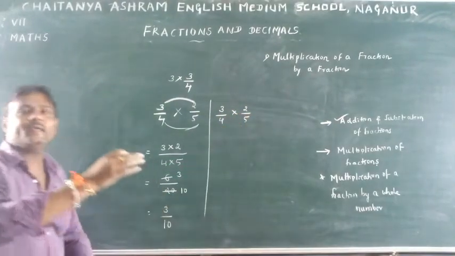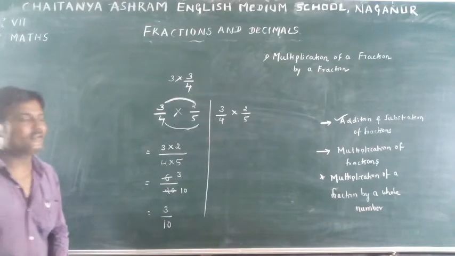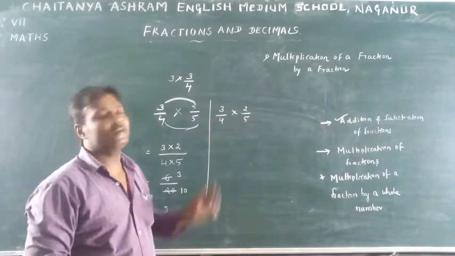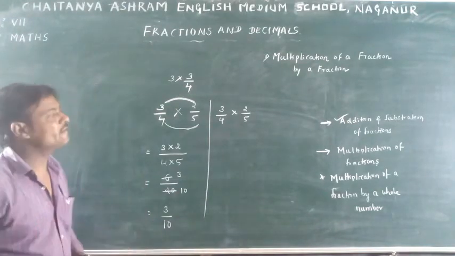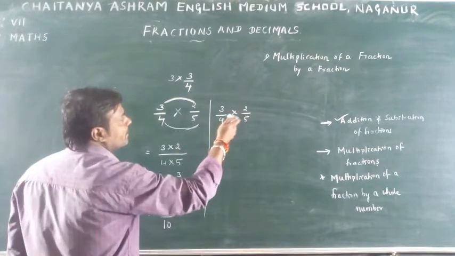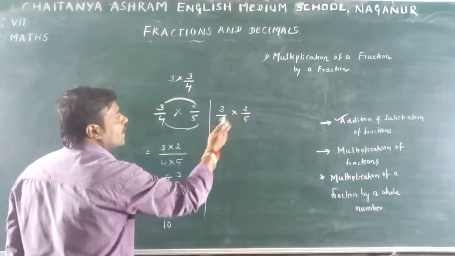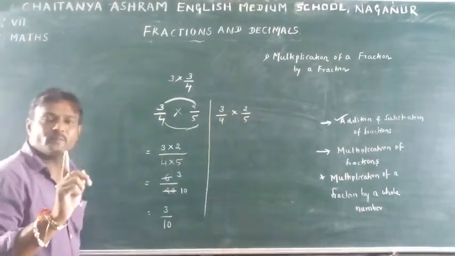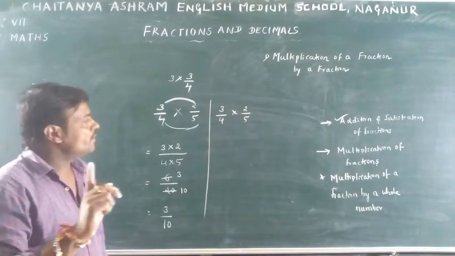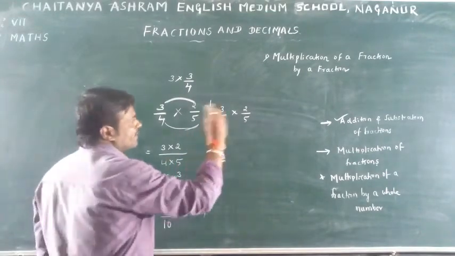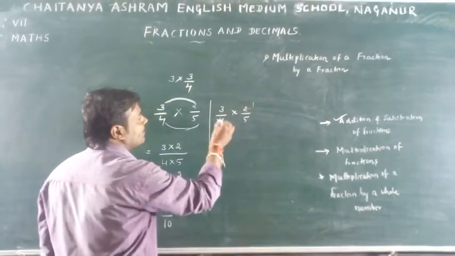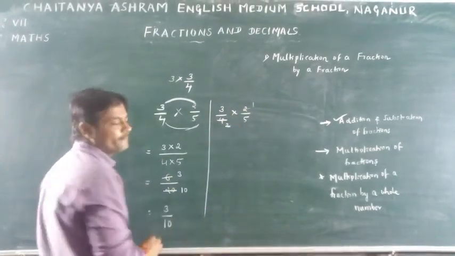If there are any common factors in the numerator and denominator of both the fractions, try to cancel them. Yes, observe here, 2 and 4 have a common factor 2, means both are divisible by 2. So then you can cancel them, no problem. 2 ones are 2, 2 twos are 4.